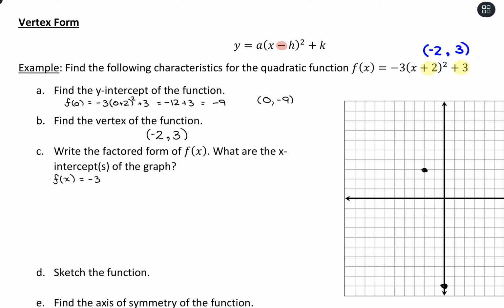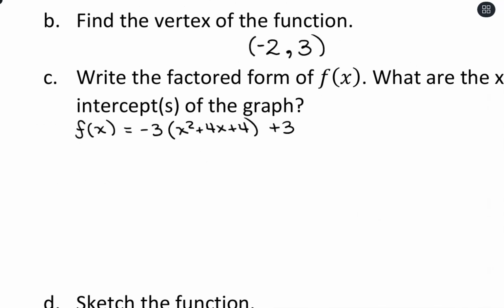So I have a -3 times that (x plus 2) squared. As a good reminder, make sure to think of that as (x plus 2) times (x plus 2), which is not equal to x squared plus 4. We need to FOIL that out. And that should leave us with x squared plus 4x plus 4. And then we have that plus 3 on the outside.